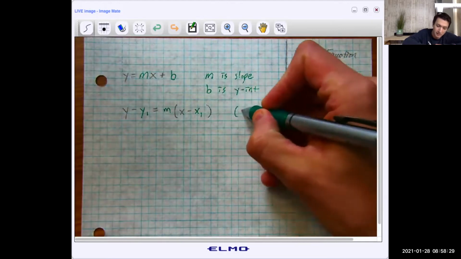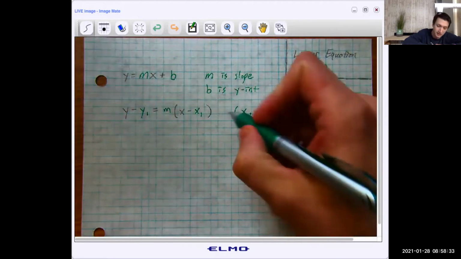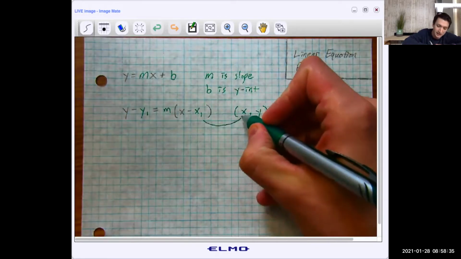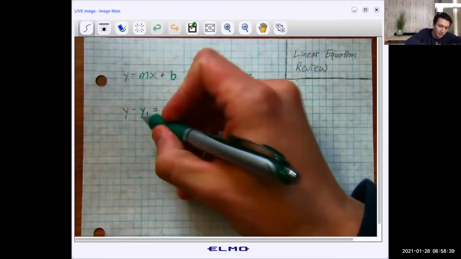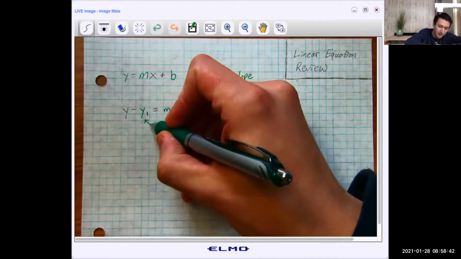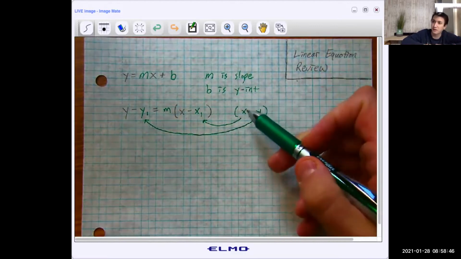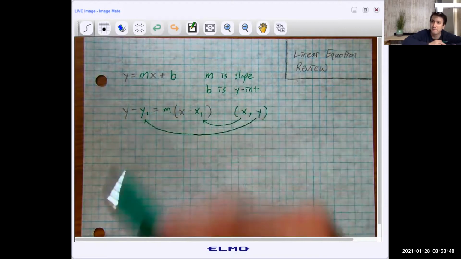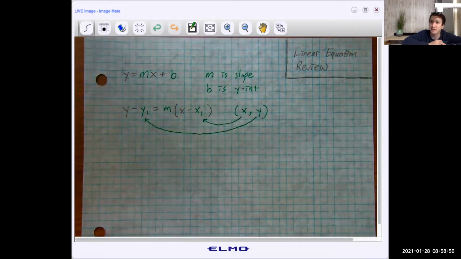In the ordered pair that made this point slope, the x1 is from the x in the ordered pair, and the y1 is from the y in the ordered pair. So if you have to figure out what those numbers are to plug them in. Okay. So we have one more form to go over, and then I'm going to need your help.